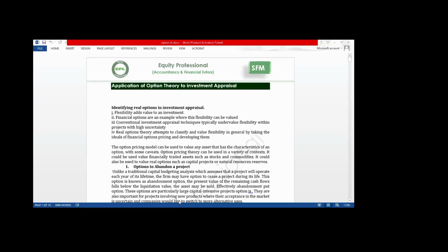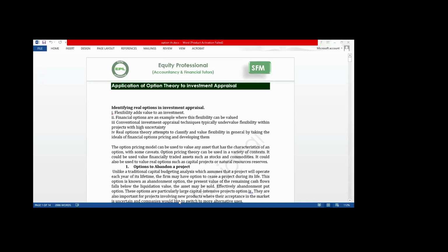We understand investment appraisal. Usually, we appraise investments to determine the financial viability of the investment project.